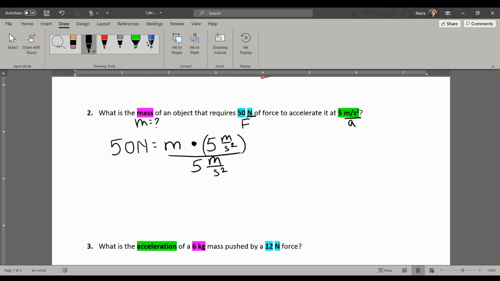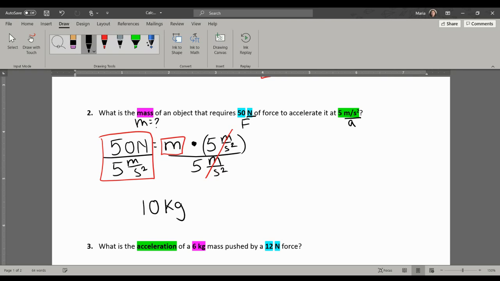But what I do to one side, I also have to do the same thing to the other. When I do that, my 5 meters per second squared are going to cancel out, and I'm left with mass on the right-hand side. To solve for mass, I take that 50 newtons, divide it by 5 meters per second squared. When I do that, I'm left with 10 kilograms.